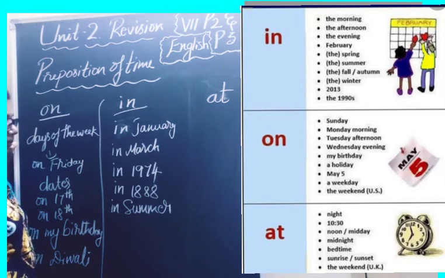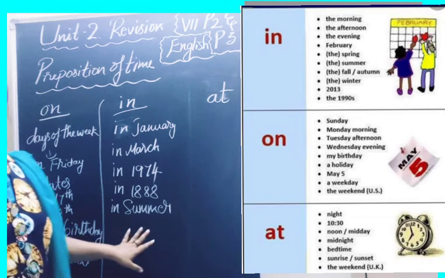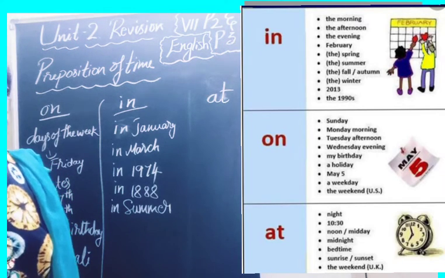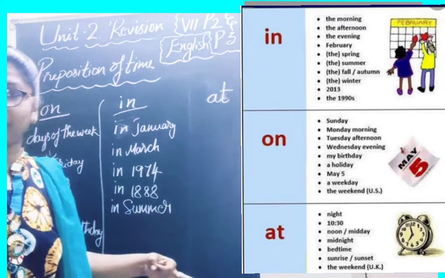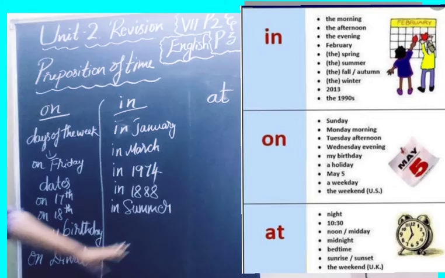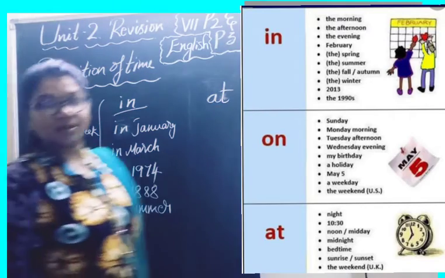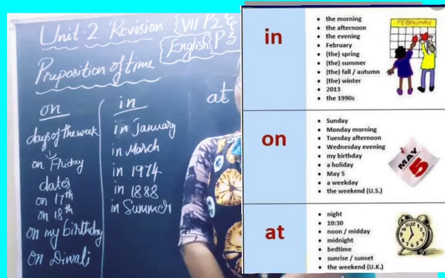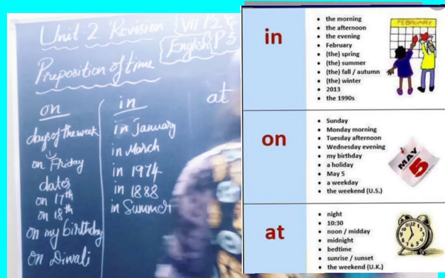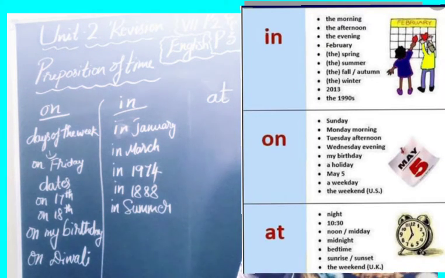Are you following me? Whenever you mention the season's name, before that, please use the preposition "in", not on summer. In summer, I'm going to visit my grandma, like that. Are you following me now? Yeah, now let's go with the next one.